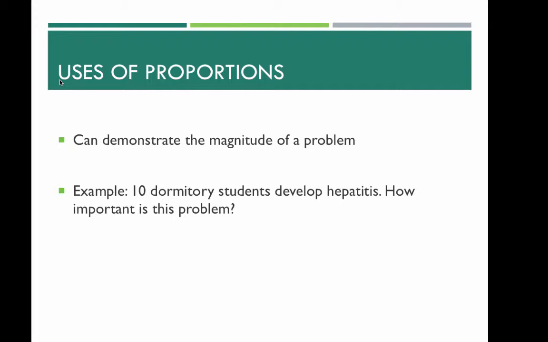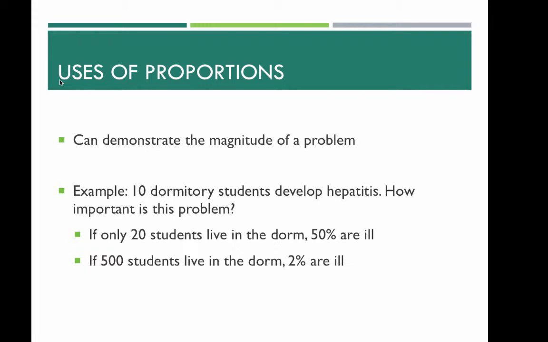So for example, if we have 10 students in a dorm at ASU who develop hepatitis, how important is this problem? Well, if there are 20 students living in the dorm, then 50% of them are ill. But if 500 are living in the dorm, then 2% are ill. So that magnitude becomes very important.